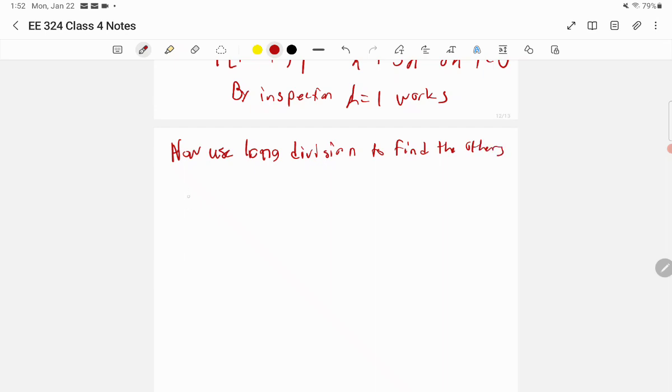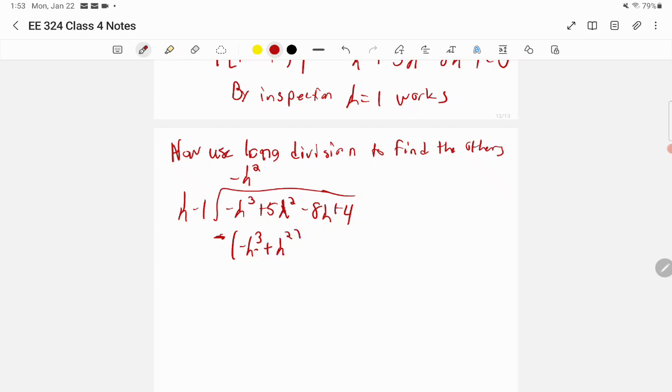So basically we would divide lambda minus 1 into minus lambda cubed plus 5 lambda squared minus 8 lambda plus 4. So I find minus lambda squared multiplies this, so I end up with minus lambda cubed plus lambda squared.